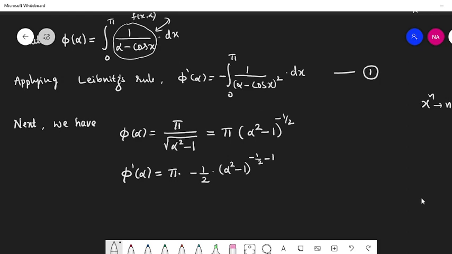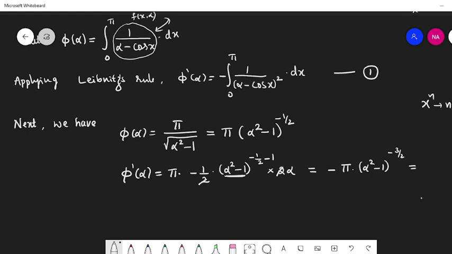Yes, I forgot. Now it will be minus, okay, forgot one more step, into the derivative of this inner term, 2 alpha, right? So 2 gets cancelled, we remain with minus pi into alpha square minus 1 whole power minus 3 by 2.